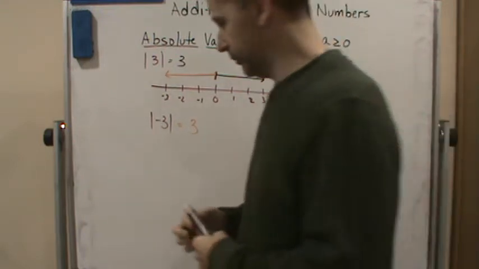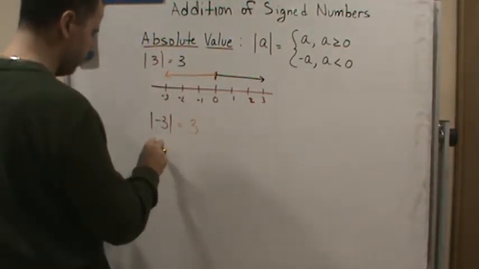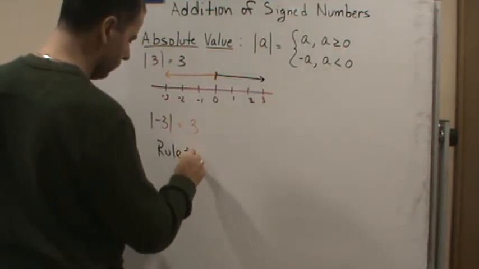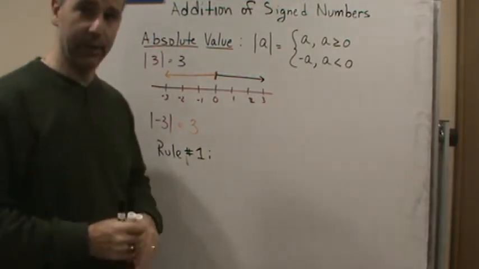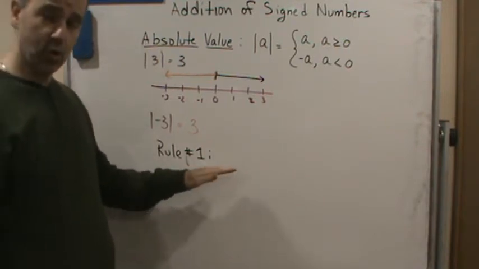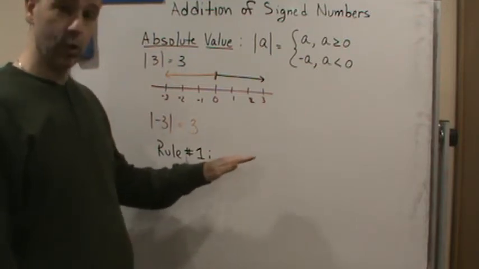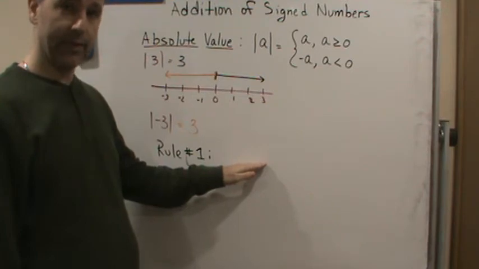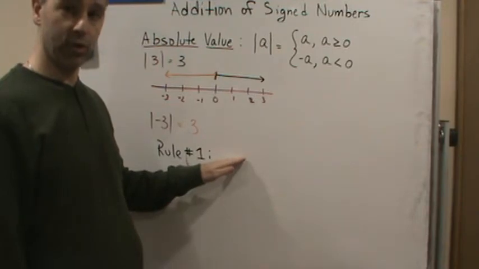So here are the rules. Okay, so rule number 1 is this, and I'm not going to write it out, but I'm going to say it so you write it. Rule number 1 is if the 2 numbers have the same sign, then what you do is you add their absolute values together and then just give the sum the same sign as the original numbers.